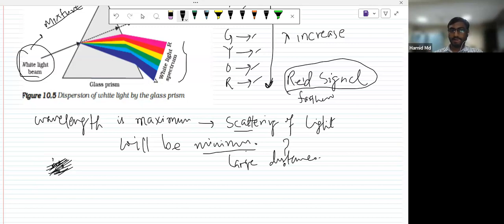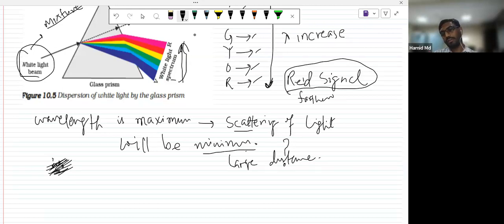Yes, sir. So you may be asked why red light is used at a red signal. Red signal means danger. Similarly, as we go up, the wavelength decreases.